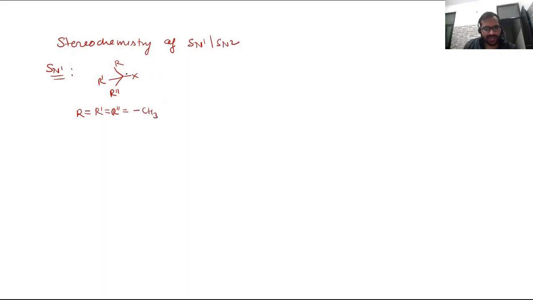Then according to the SN1 mechanism, there is formation of a stable carbocation, this one, with R, R dash, and R double dash. Now the nucleophile will come and attack from this side. It will not attack from the other side because there is steric hindrance from these R groups.